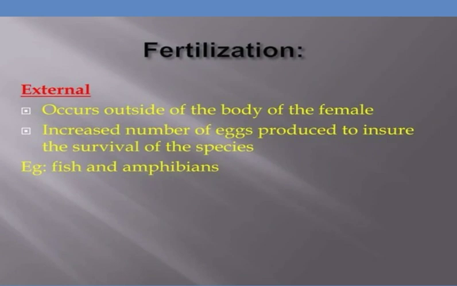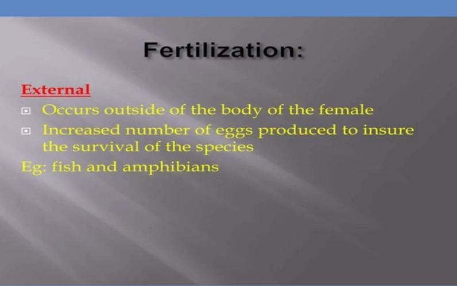In external fertilization, an increased number of eggs is produced to ensure the survival of the species, because the female lays the eggs outside the body and so the eggs are in danger. So there is a need to produce a number of eggs to ensure the survival of the species.